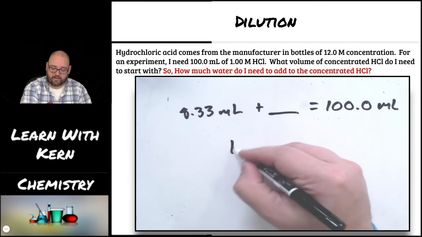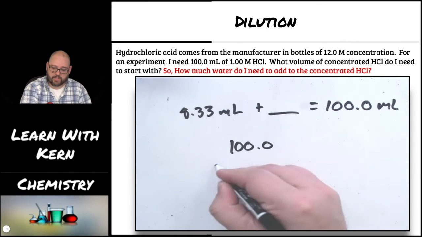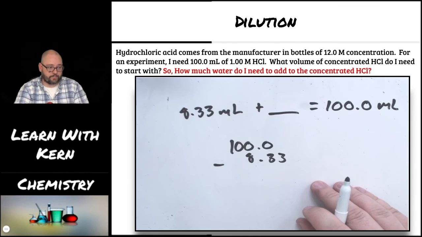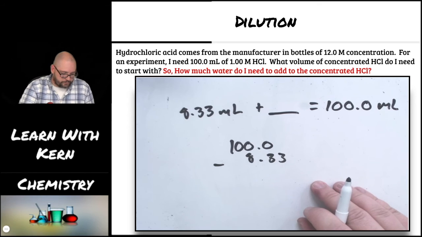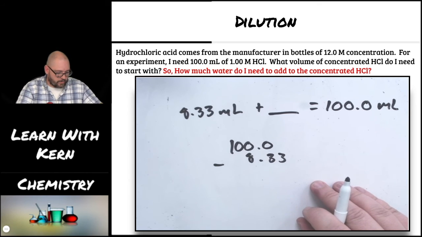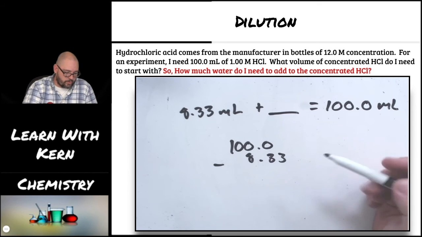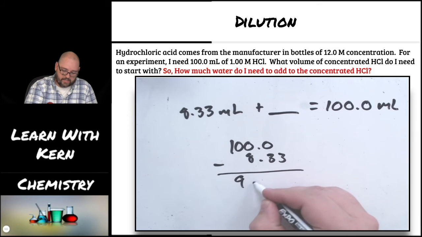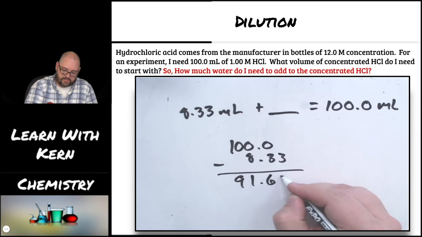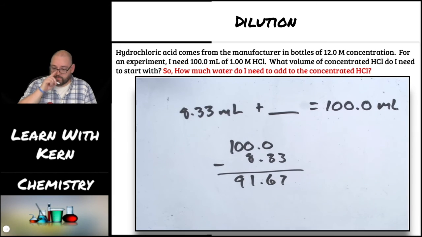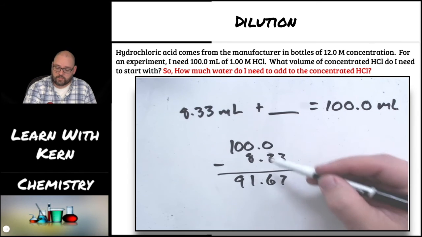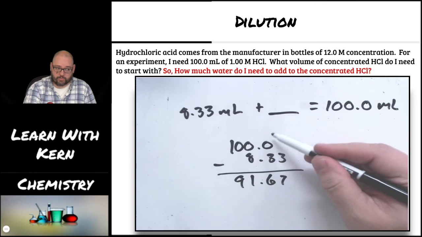So to figure that out, I simply do 100.0 minus 8.33. All right, so whenever I do that, I'm going to get an answer of 91.67 from my calculator, but then significant figures, we haven't done this in a while, so when I add, I look at just my decimal places.